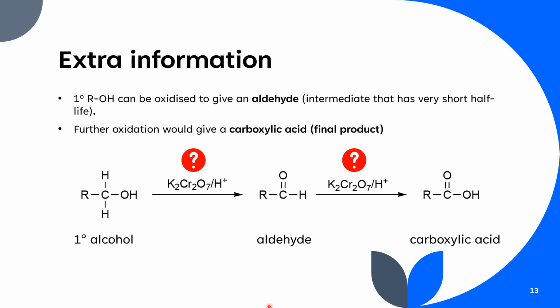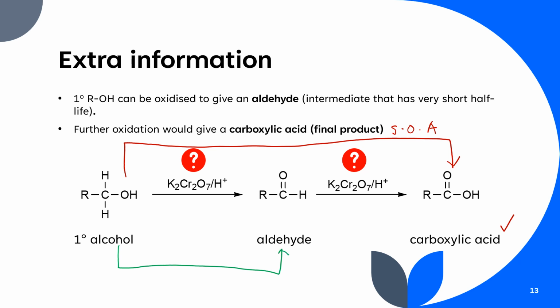So that's why if we use strong oxidizing agent, the reaction will go straight to carboxylic acid only. Okay, SOA is strong oxidizing agent, and the final product is carboxylic acid. But if we use PCC in dichloromethane, which is a mild oxidizing agent, the product you will get is aldehyde. So that is the comparison between the products by using strong oxidizing agent and mild oxidizing agent.